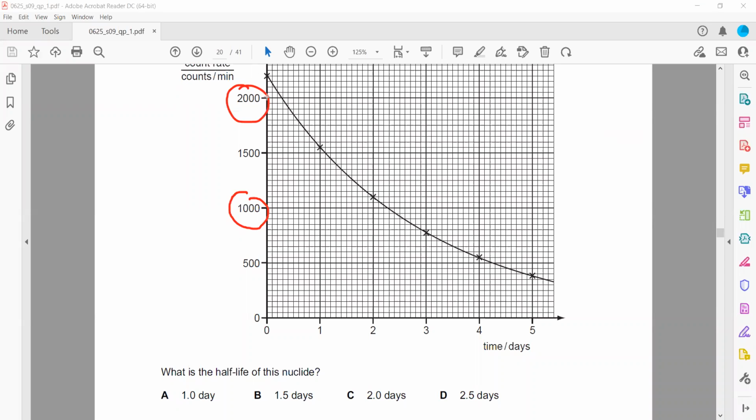When I take 2000 as my first value, I'll find the time on the x-axis. So this is the third line, and each is 0.1, 2, and 3. So this is 0.3 days. When it was 2000, it was 0.3 days. Half of 2000 is 1000. So from 1000, we'll draw a line to identify.